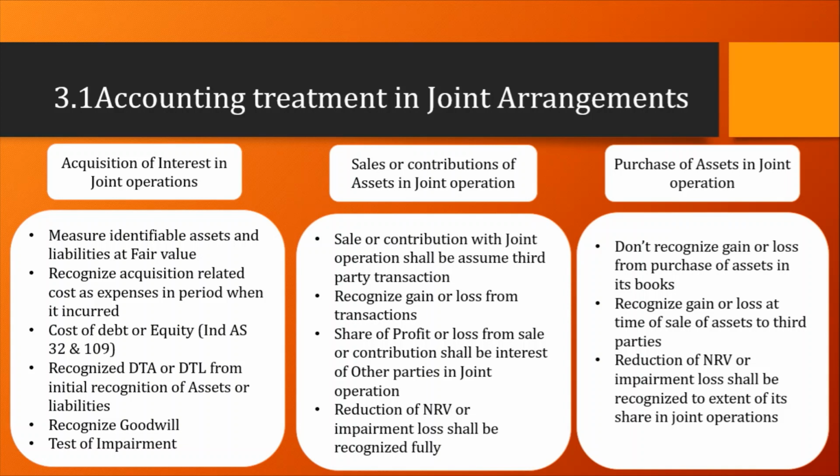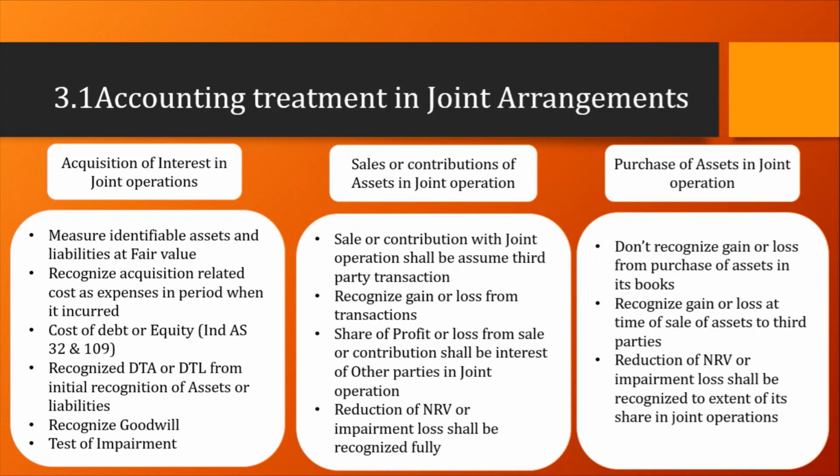Okay, third point, purchase of assets from the joint operations. The entity does not recognize gains and losses from the purchases of the assets in its books, because it will recognize these gains and losses when it sells these assets to a third party.